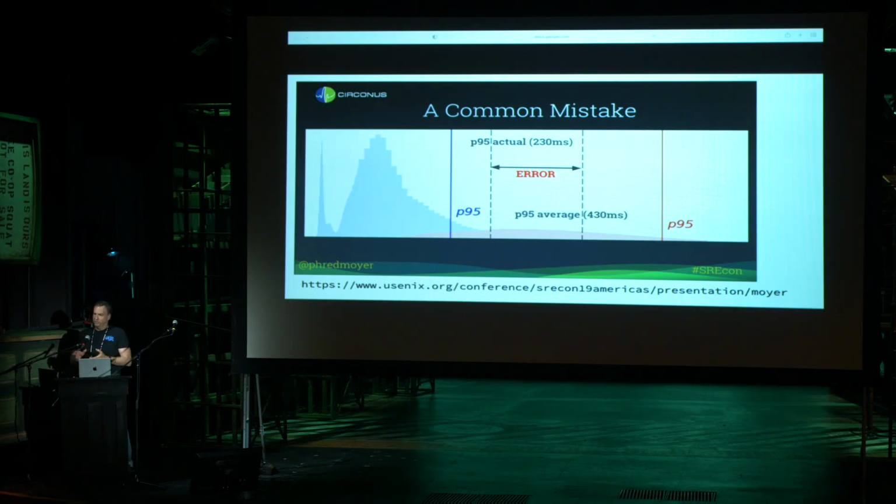Basically, this could be two web servers, one performing well in the blue and one performing not as well in the red. And if we average the P95 values that we derive from each of these distributions separately, we get an answer of about 430 milliseconds. But if we combine the data sets and calculate the P95 of the composite data set, we get 230 milliseconds, an error of almost 100%.